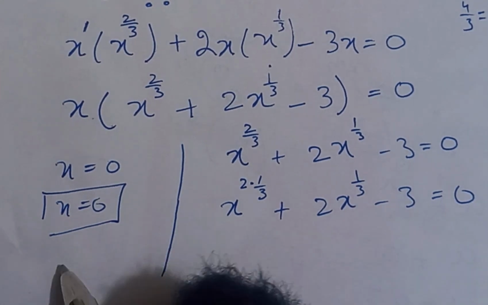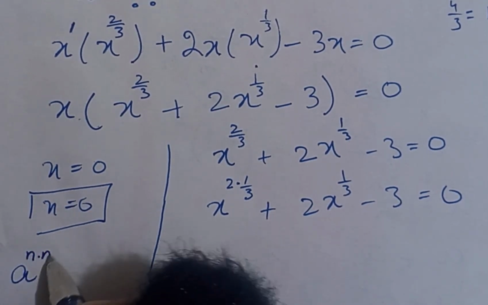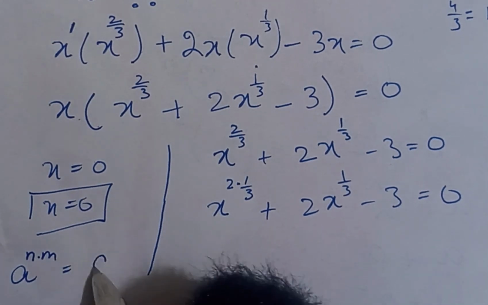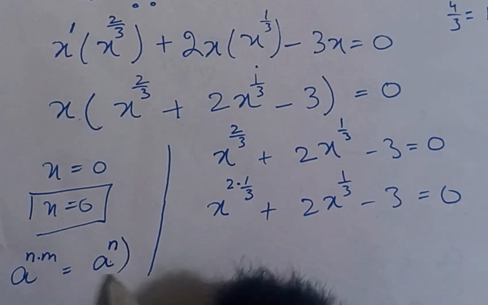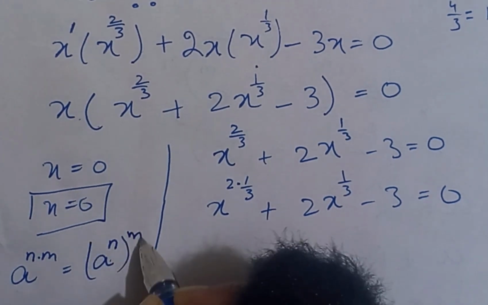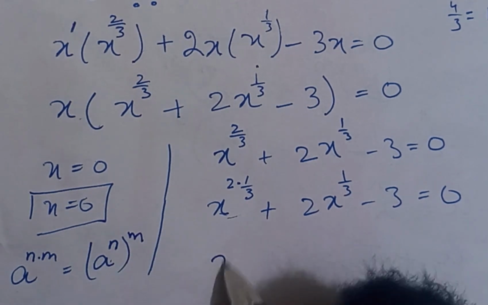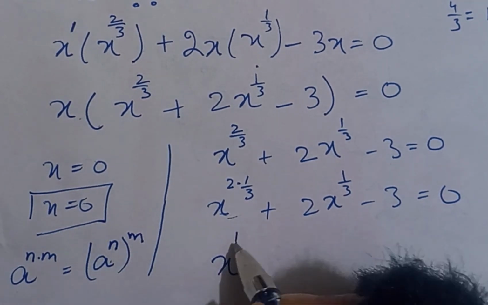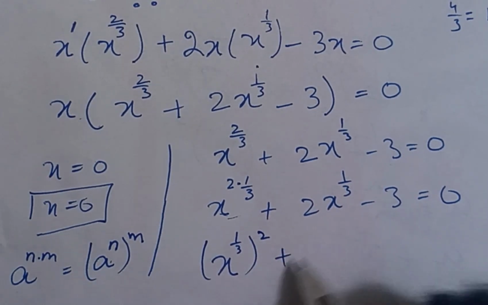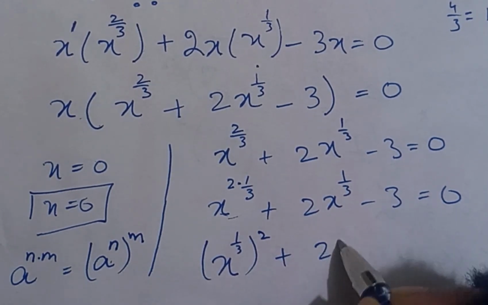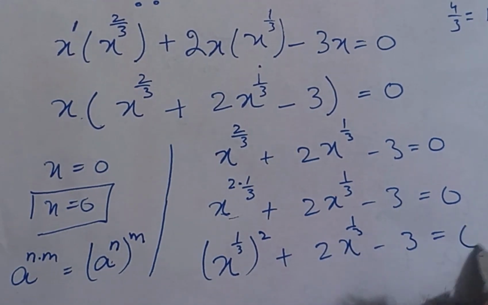So we recall our exponent rule, as we know, a raised to the power n multiply m is equal to a raised to the power n multiply m. So we can write this term according to this rule as x raised to the power 1 over 3 multiply 2 plus 2x raised to the power 1 over 3 minus 3 is equal to 0.